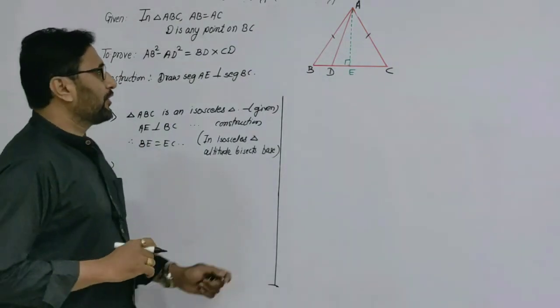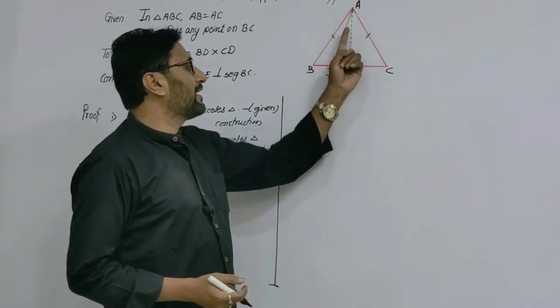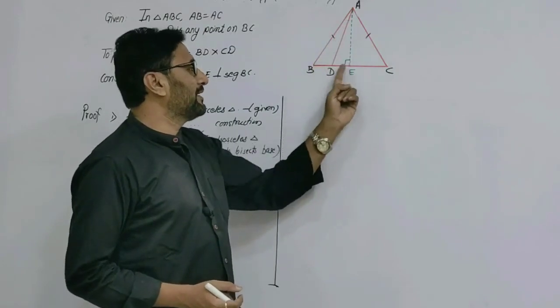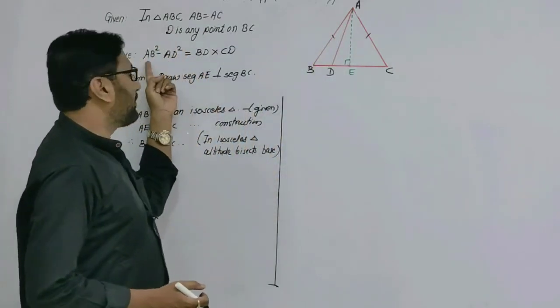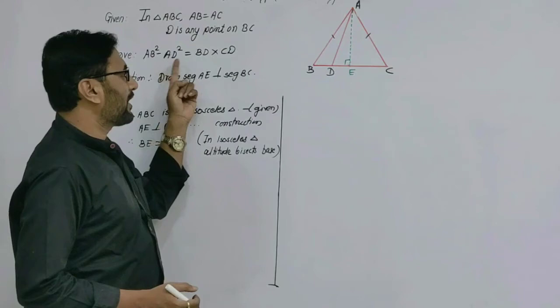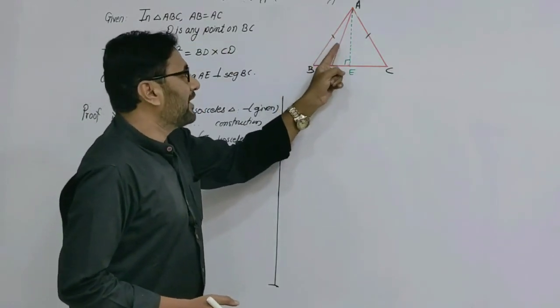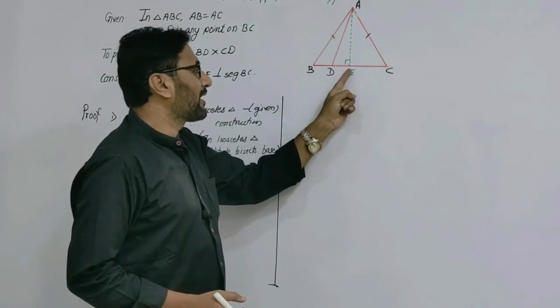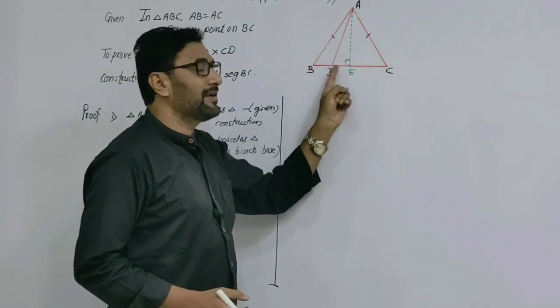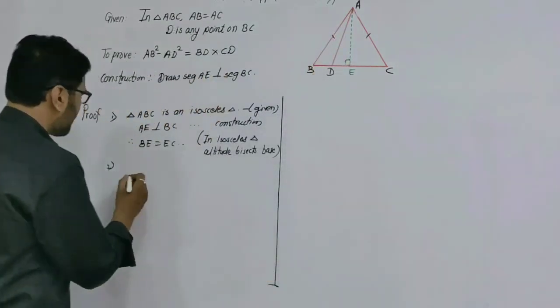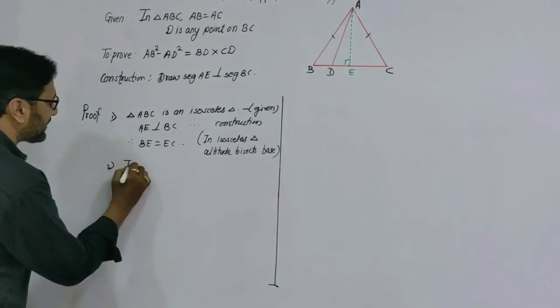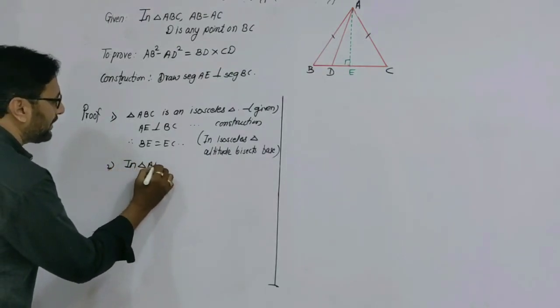Now we can use Pythagoras theorem in triangle AEB and AED, because AB and AD are the hypotenuse of triangle AEB and triangle AED respectively. So use Pythagoras theorem in triangle AEB.